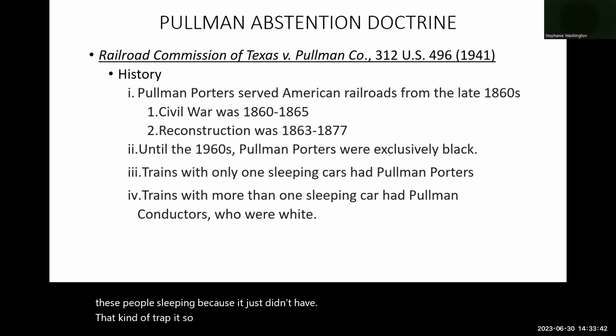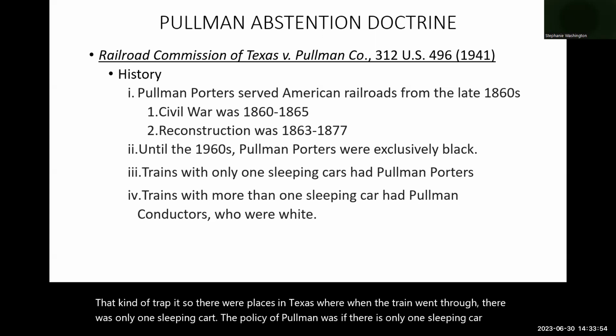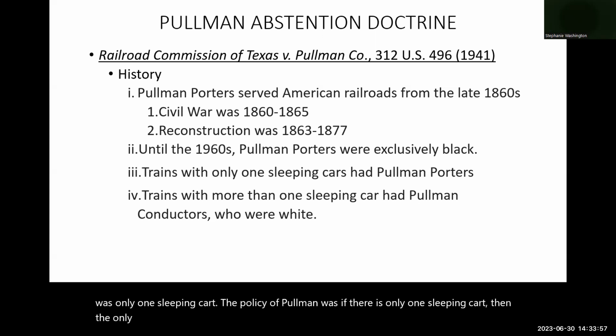So there were places in Texas where when the train went through, there was only one sleeping cart. The policy of Pullman was, if there's only one sleeping cart, then the only employee would be the porter.